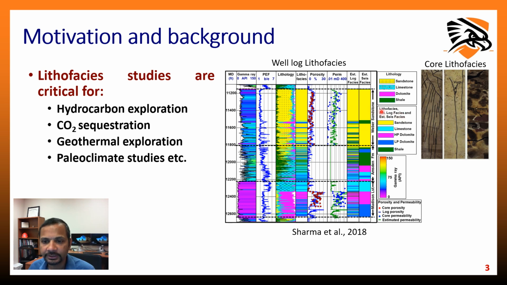So here they are saying that the lithofacies that they have identified are sandstone, limestone, high porosity dolomite, low porosity dolomite, and shale. And you can identify these kinds of lithofacies from the well logs as well as the core data. And a combination of both kinds of data can give us the best results.